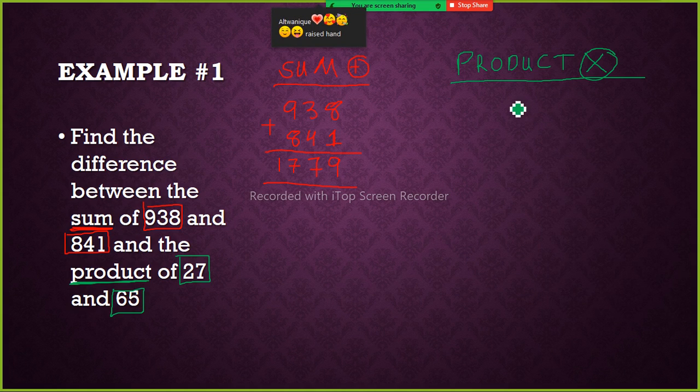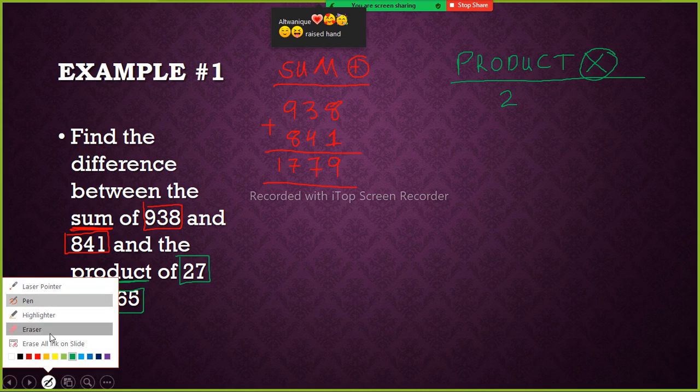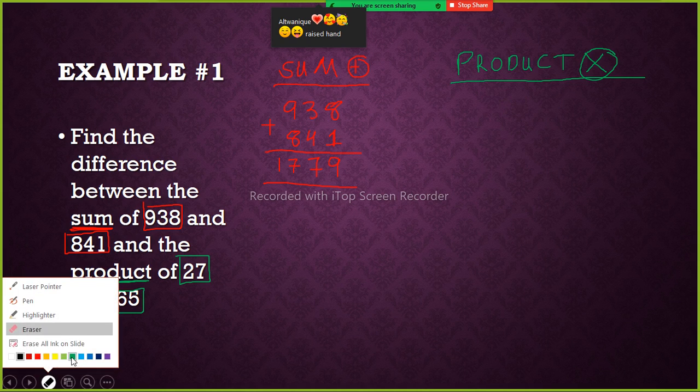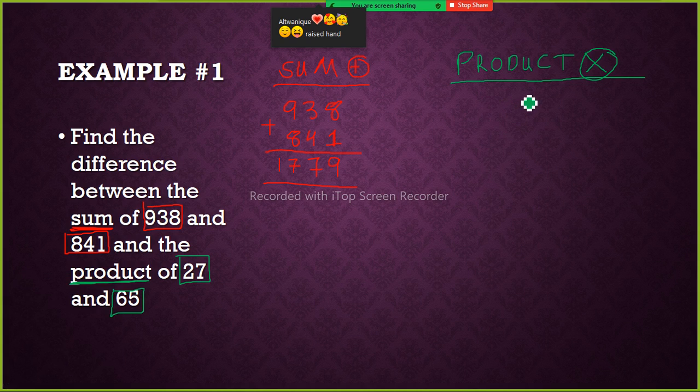So let's do that. Go ahead. My answer is 1755. Oh, you already multiplied them? Okay, 1755.